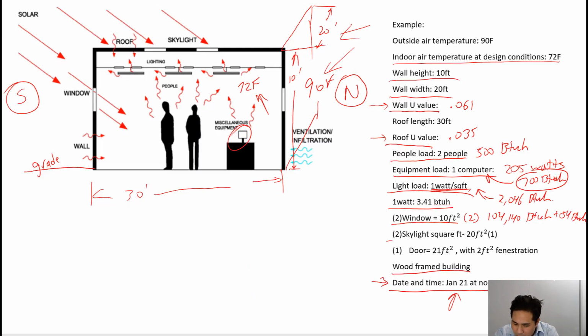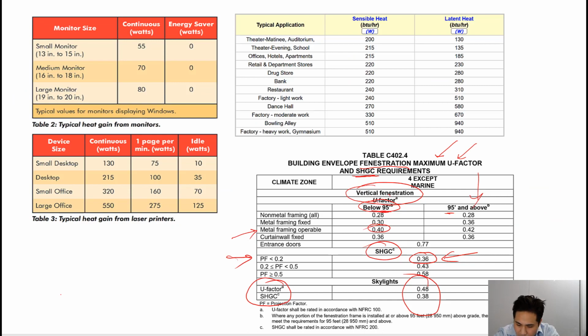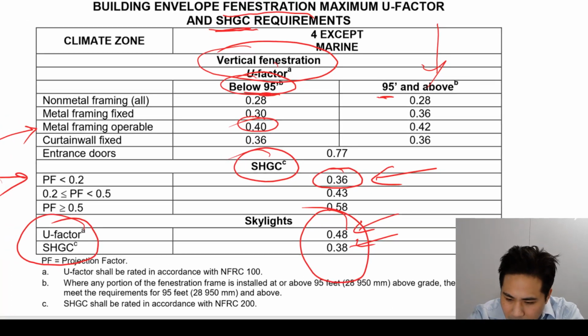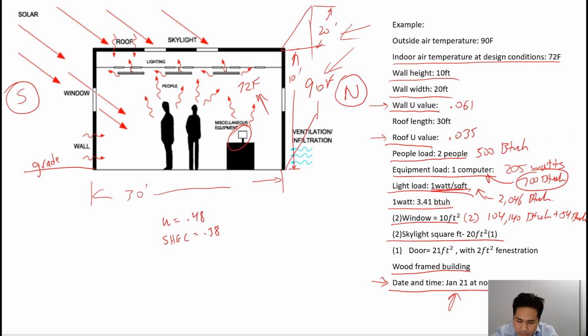So here in this case we got the two skylights. So U factor 0.48 and solar heat gain coefficient 0.38.